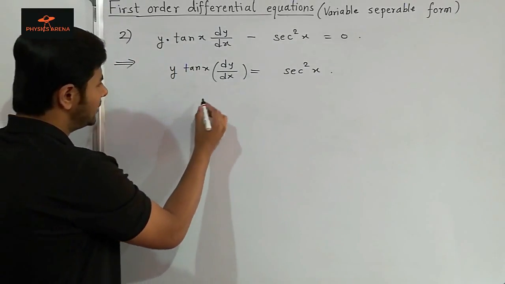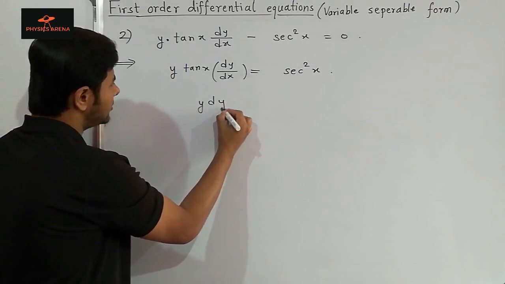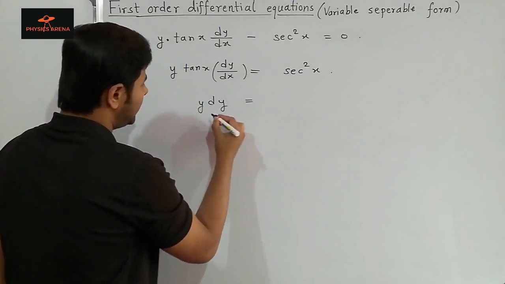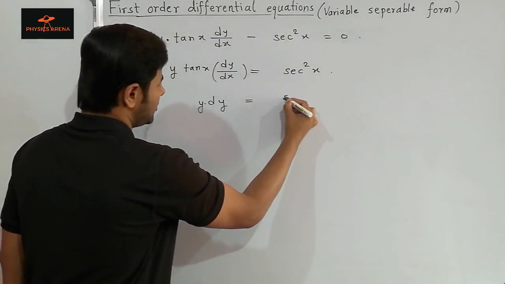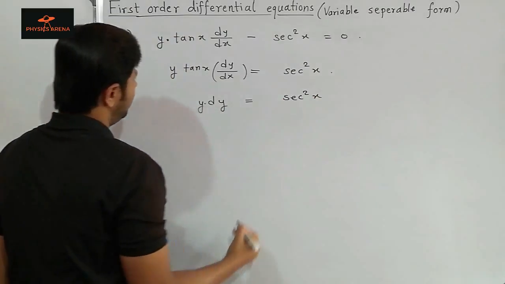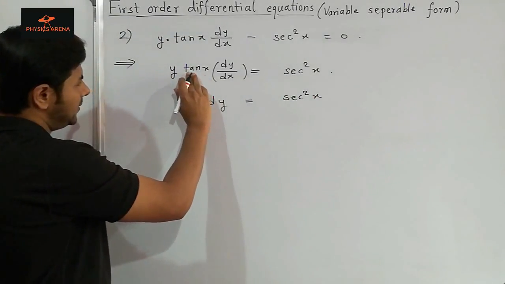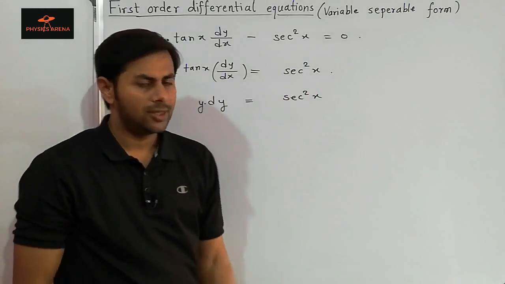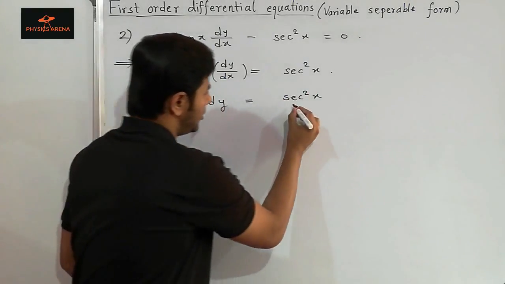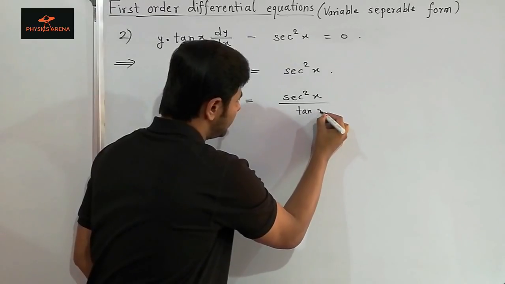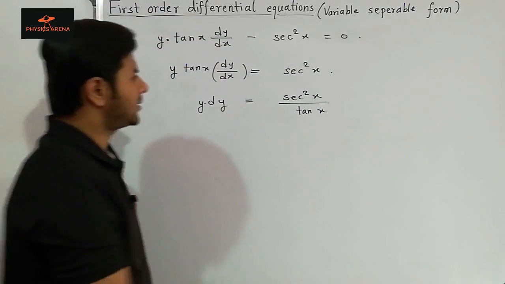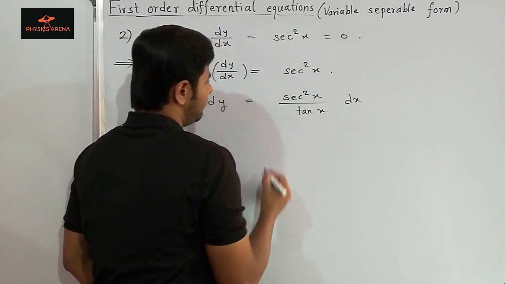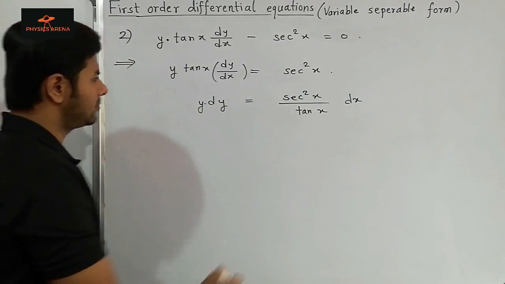So we have y dy on this side equals to sec square x, and this tan x, which is in multiplication on left hand side, will go in division on right hand side. So tan x, and this dx we have in multiplication.